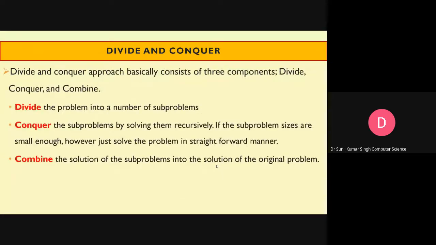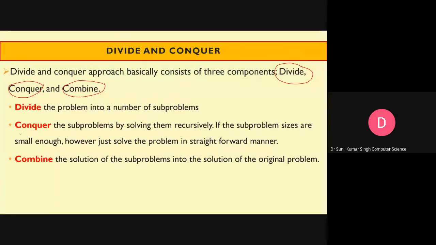Now if we look at the major components in this approach, there are three major components here: divide, conquer, and combine. In the divide part, we divide the problem into a number of sub problems, and conquer the sub problems by solving them recursively.